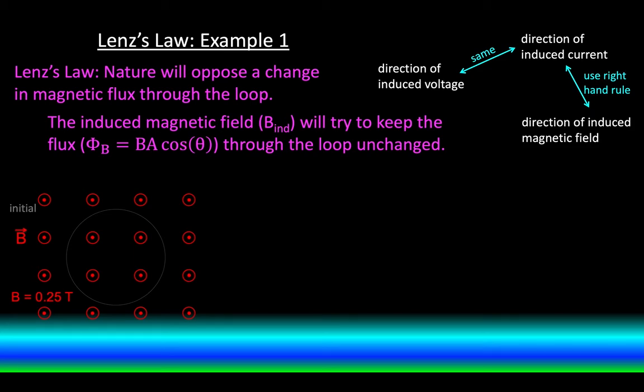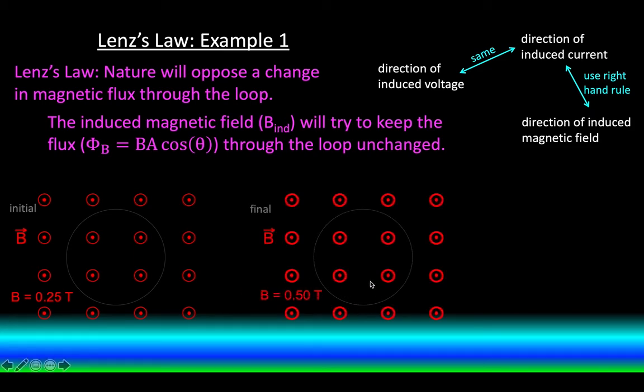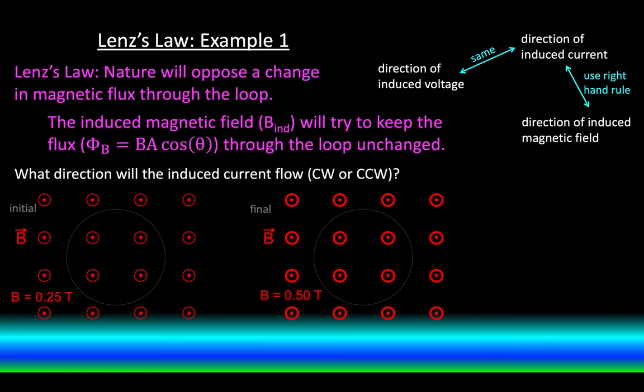Now let's increase the strength of the magnetic field to 0.5. So the magnetic flux through this loop has increased. So the original magnetic field got stronger. The magnetic flux through the loop of wire increased. Well, what direction will the induced current flow, clockwise or counterclockwise?